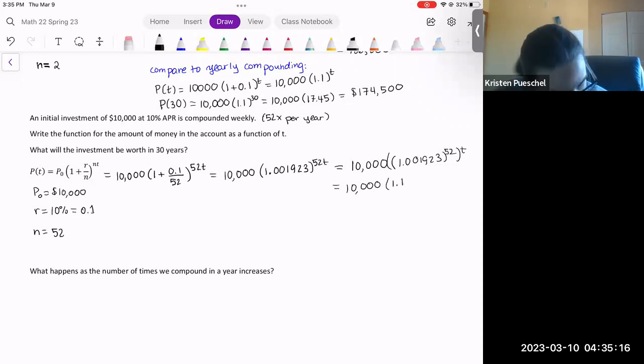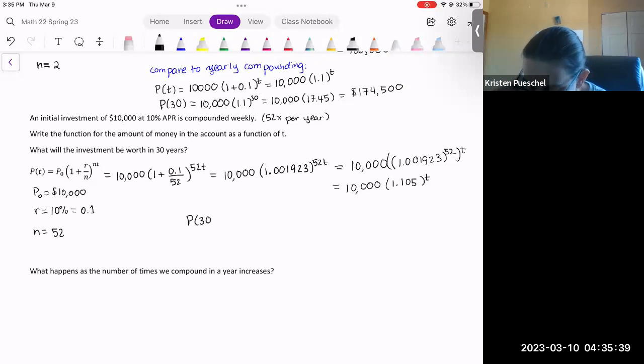So this is 1.105 to the t. All right, so that means that in 1 year, we're going to make 10.5% interest off of our investment.